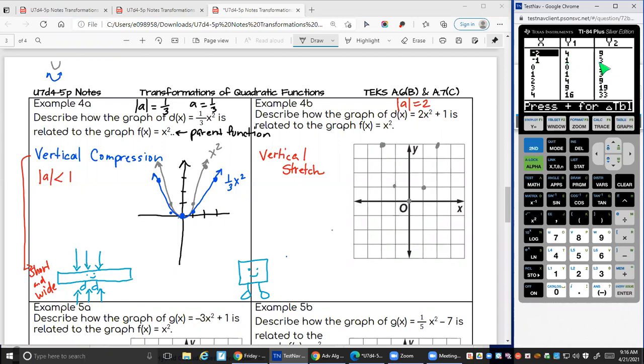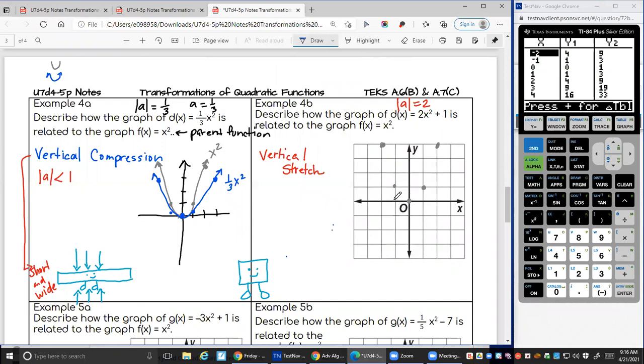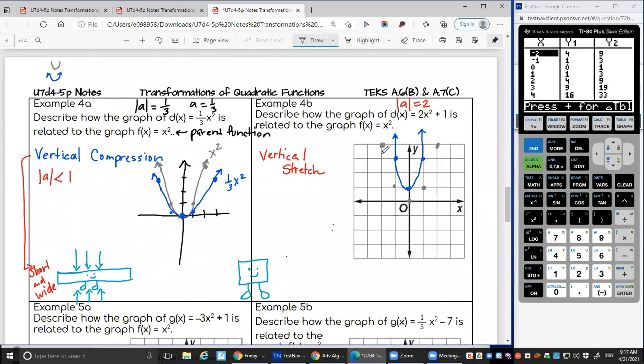At -1, I have 3. So I'm going to write that in. At -1, I have 3. 1, 2, 3. Boom. At 0, we have 1. At 1, I have 3. And so I'm looking at something like this, as compared to our original parent quadratic that looks like this.